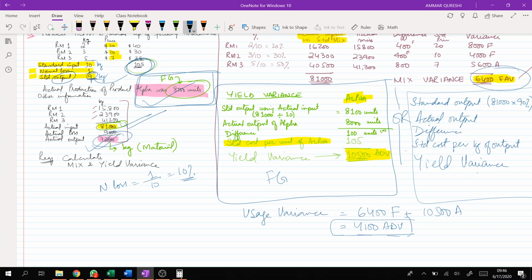So this is the usage variance. I'm just telling you one way to calculate this usage variance separately. In any question where you are required to calculate it, you may do it on your own, but just remember this.